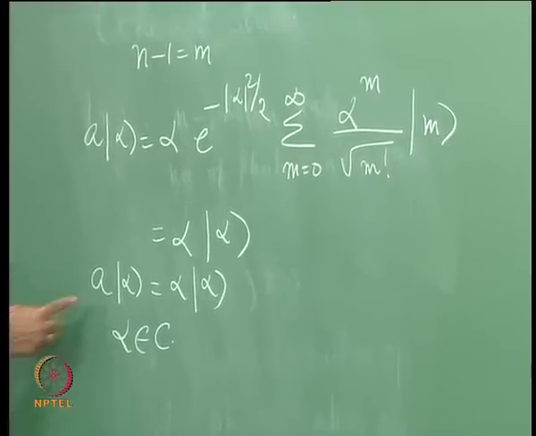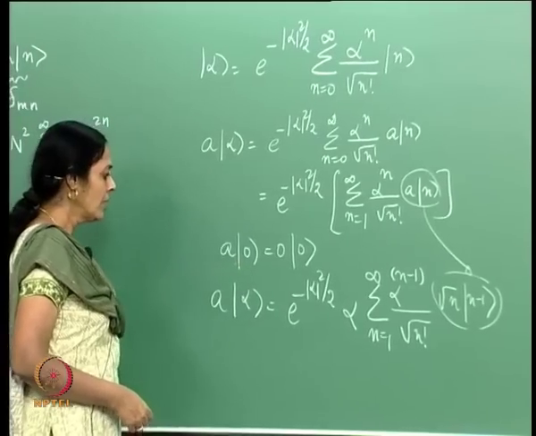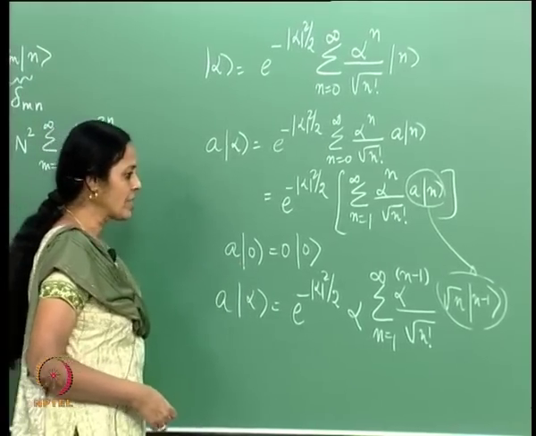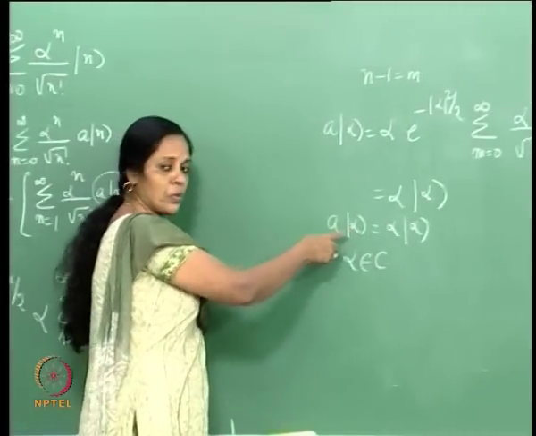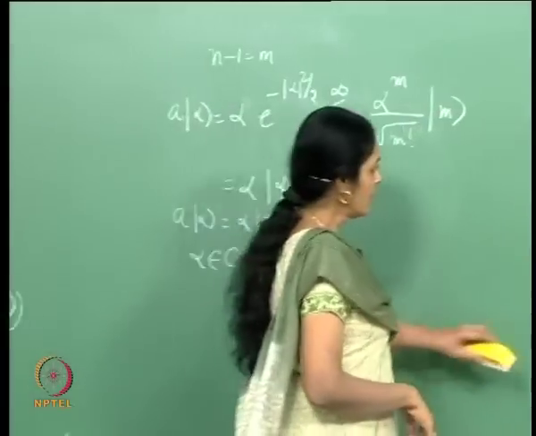So, you see, I have another eigenstate of the annihilation operator apart from the 0 photon state, and this is an infinite superposition of photon number states. It is non-trivial in the following sense that the eigenvalue is a non-zero number in general. So, this is an annihilation operator eigenstate with further interesting properties.